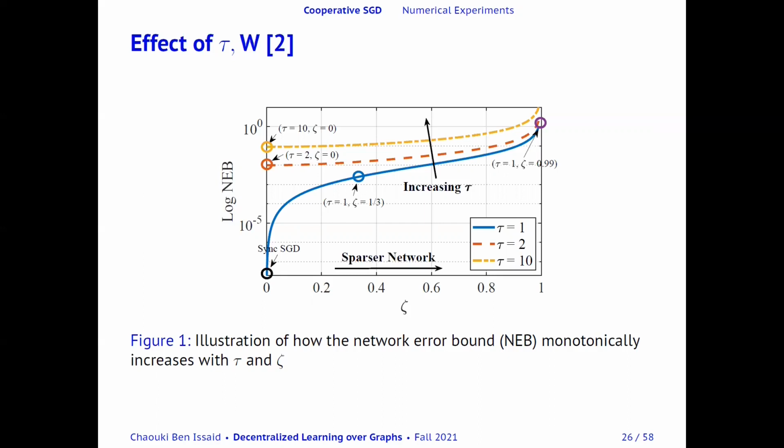In this figure we can see the behavior of the logarithm of the network error bound as a function of zeta and for different values of tau. And we can clearly see that the network error bound is more sensitive to changes in the communication period tau than to changes in the parameter zeta.